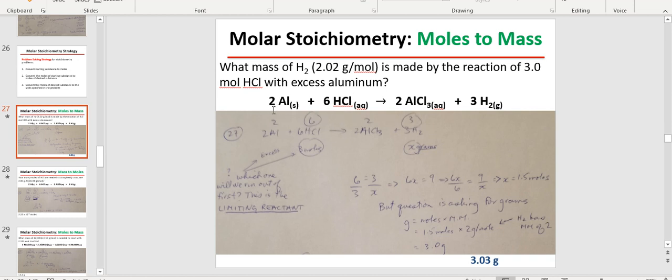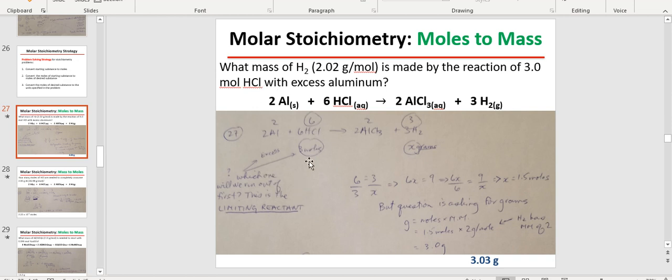What information am I asking for? What mass of hydrogen? In this case I put X grams, because this is all in moles, but I'm looking for X grams. What information did I give you? By the reaction of 3.0 moles of hydrochloric acid.